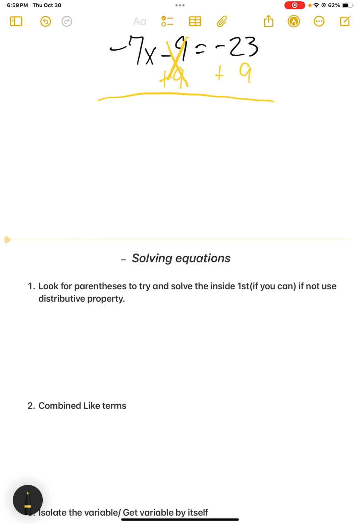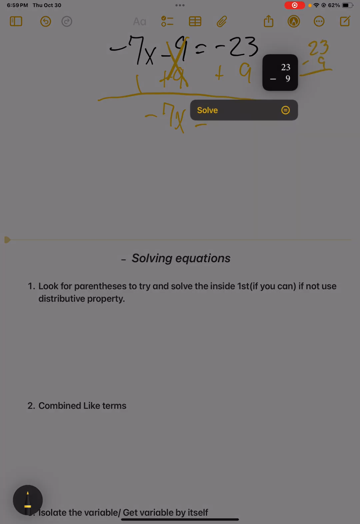This turns into 0, so then I still have negative 7x on this side, which is equal to negative 23 plus 9. Remember, when we're adding 2 numbers with different signs, we're really subtracting, right? We should remember that from the beginning of the school year. So when we do this, you would borrow.